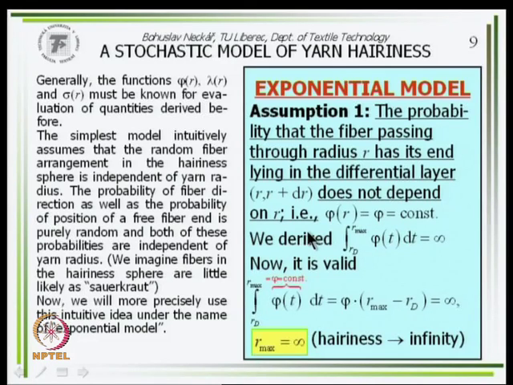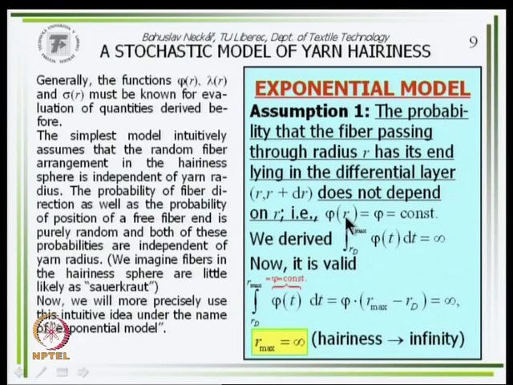In each radius, if the fiber is protruding this radius, the fiber has the same chance to be finished, independently of the value of radius. Okay? Do you imagine this assumption?